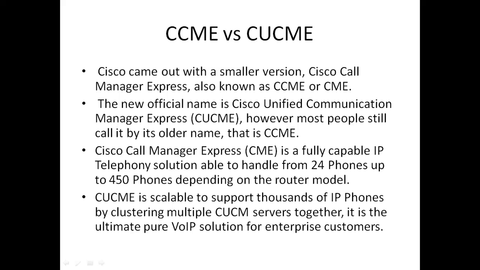So that's the main difference between CCME and CUCME. CCME is older version, while CUCME is the new version, and it's a new official name, and it's better for the big enterprises where it supports thousands of IP phones.